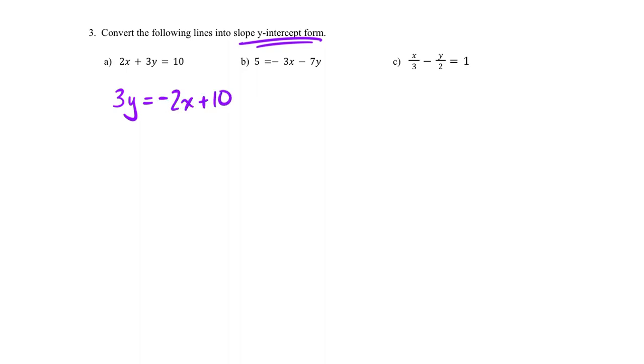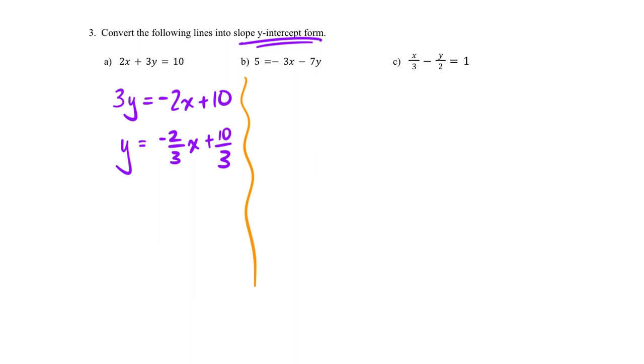And then the 10 was already on that side. Now that we've got the y term isolated, we need to isolate y. So to get rid of a times by 3, I'm going to divide by 3. 2 does not divide by 3 evenly, so I leave it as a fraction, nor does 10. There we go. Okay, hopefully not too bad.